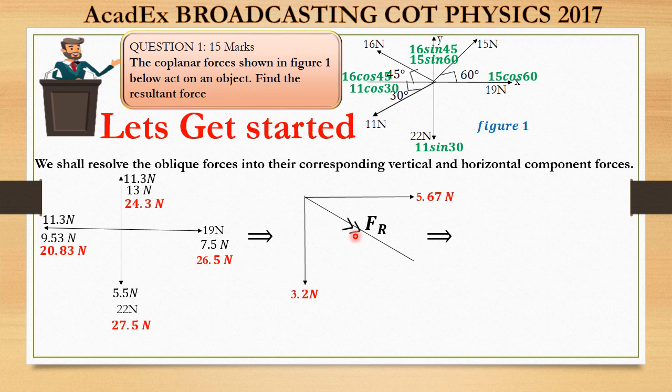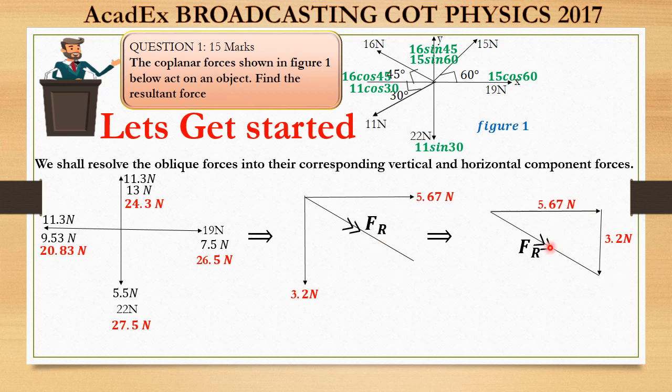Now let's proceed. We are going to have a diagram like this, such that the vertical force is 3.2 Newton downward and the horizontal force is 5.67 Newton to the right, and the resultant force maintains its direction.